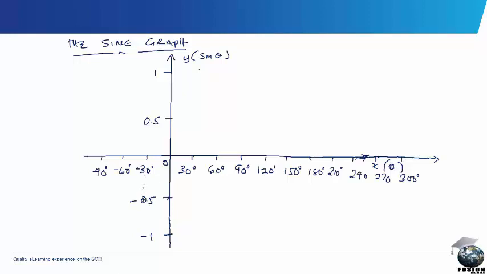So they meet at this point where we have 0, and then at 0, sine theta is 0. They meet at the origin. At 30, sine theta is 0.5. Alright, they meet at this point. And then at 60, it is 0.86.